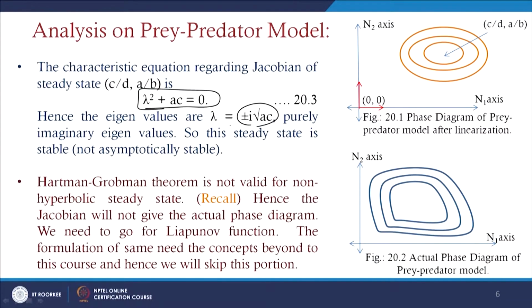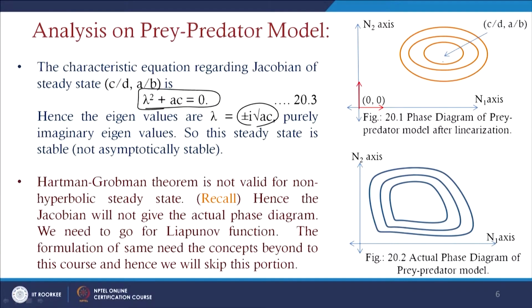So, if we go for the phase analysis, or the phase diagram, for the point c by d and a by b, we can find that at the 0 0 point, if there is no prey and no predator, we have an unstable condition. And if lambda equals plus or minus i square root of AC, as we already discussed in the earlier lecture, it forms an elliptic phase diagram.